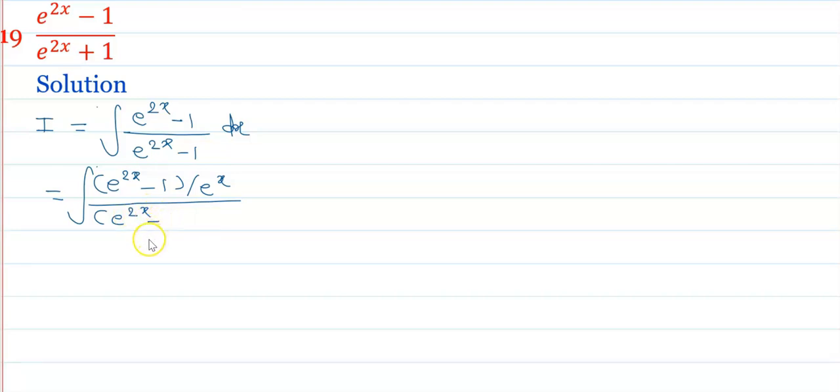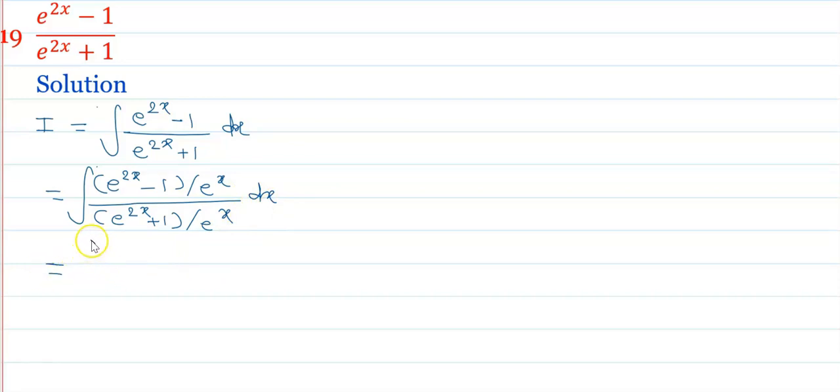Another sign is a plus sign. The denominator has the plus sign: e raised to 2x plus 1 upon e raised to x, into dx.